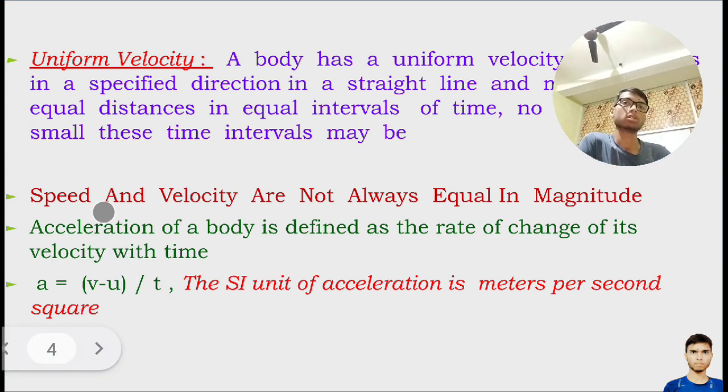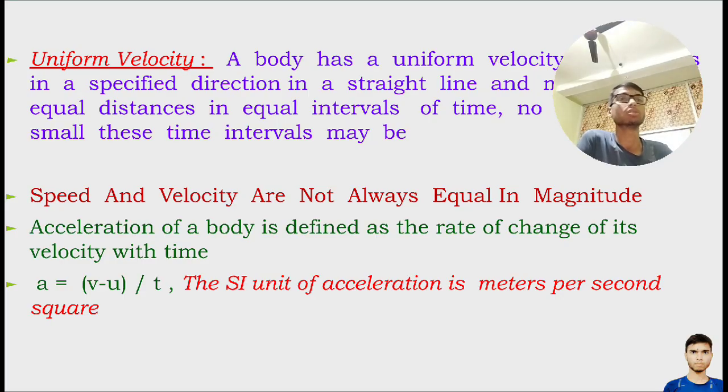This was about acceleration. What is the formula of acceleration? Just v minus u upon t. We are taking v minus u because sometimes an object will be decreasing in speed. That's why we consider what the speed of the moving object was initially, and what the speed of the object is at the final position.